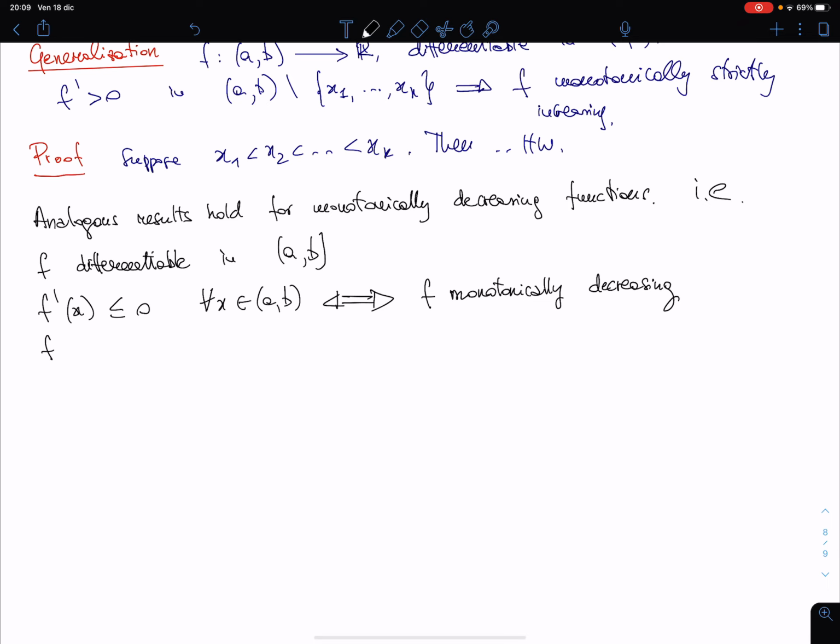Here f prime of x less than 0 for every x in AB implies that f is monotonically strictly decreasing.